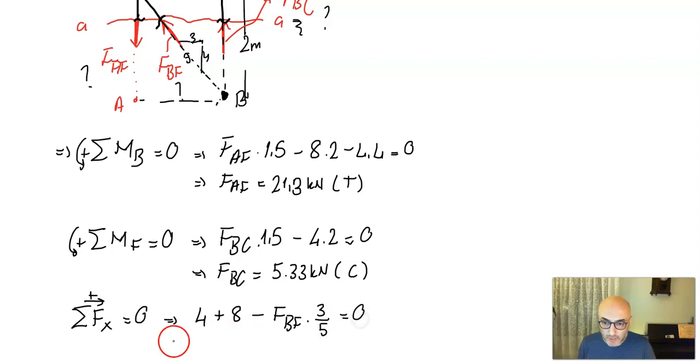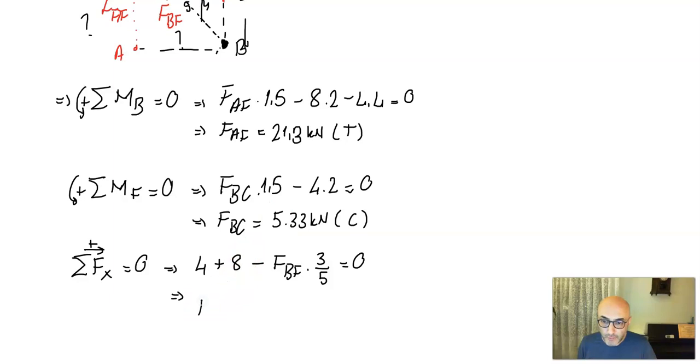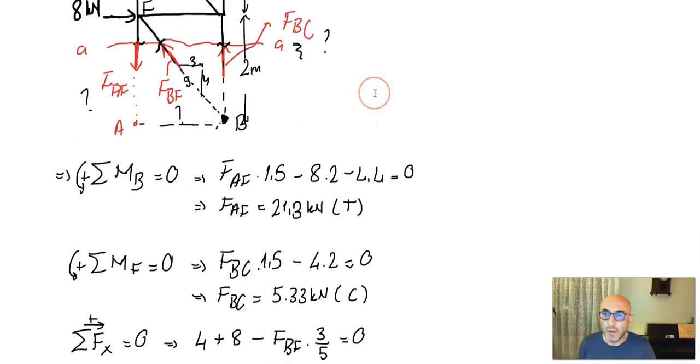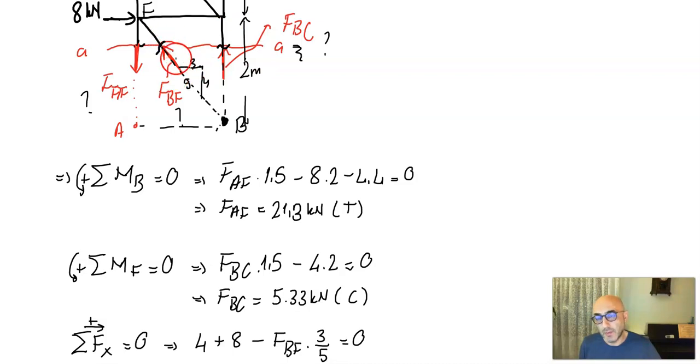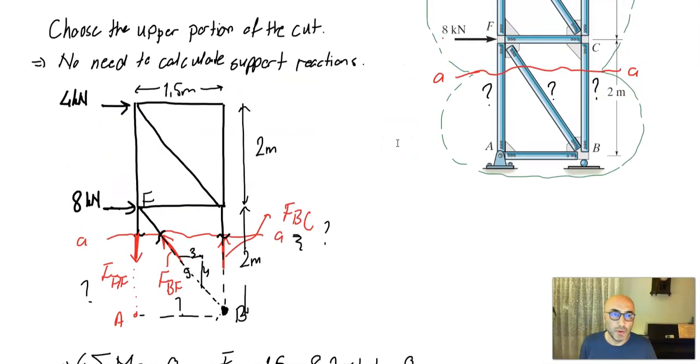That is equal to 0. So my force BF will be 20 kilonewton, and the initial assumption is compression here, so I find a positive value, so that will be compression. Okay, so that's the solution of this problem.